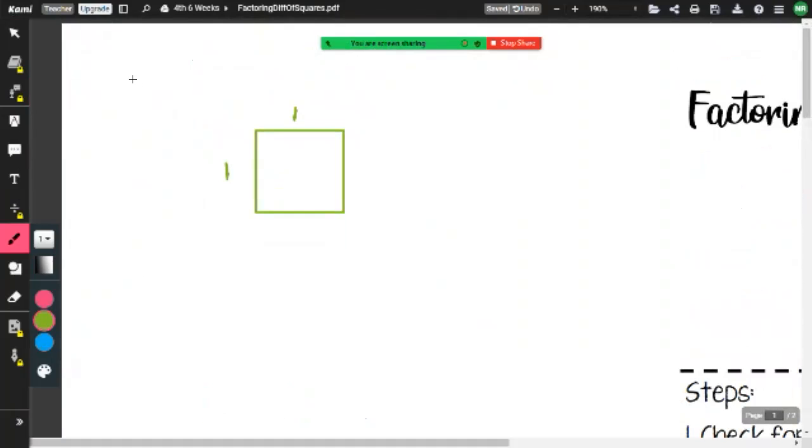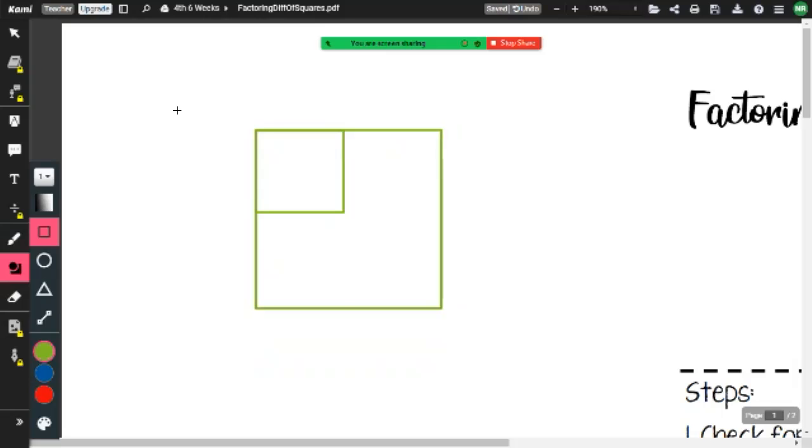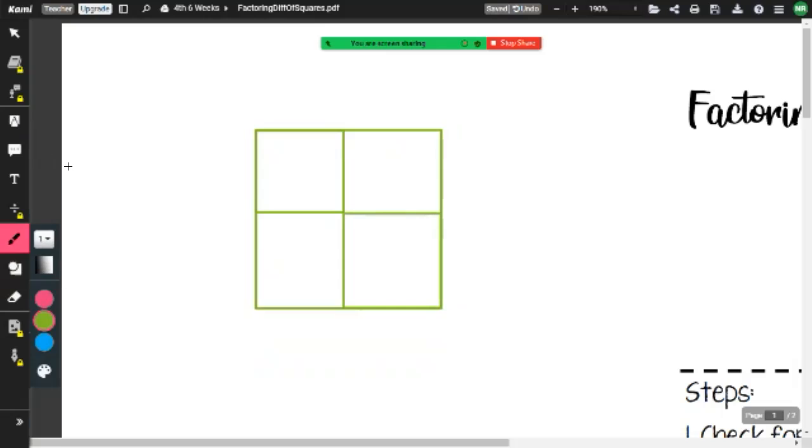We got one side, right? What if I expand it? Now, how many boxes high is this? 2. How many wide? 2. And 2 times 2 gives us 4 boxes. This is also a perfect square.